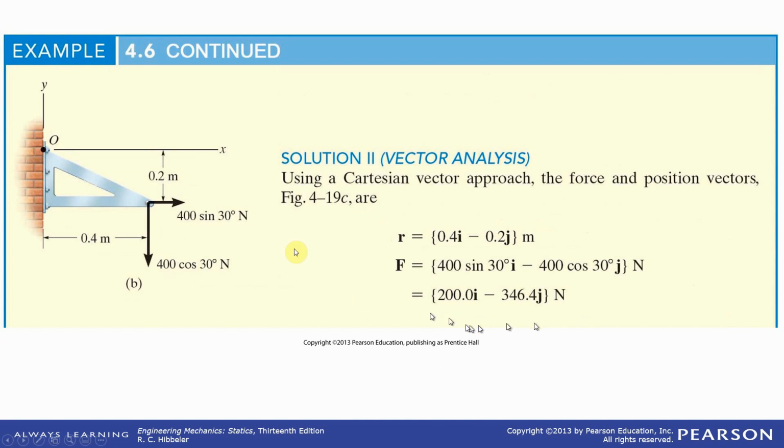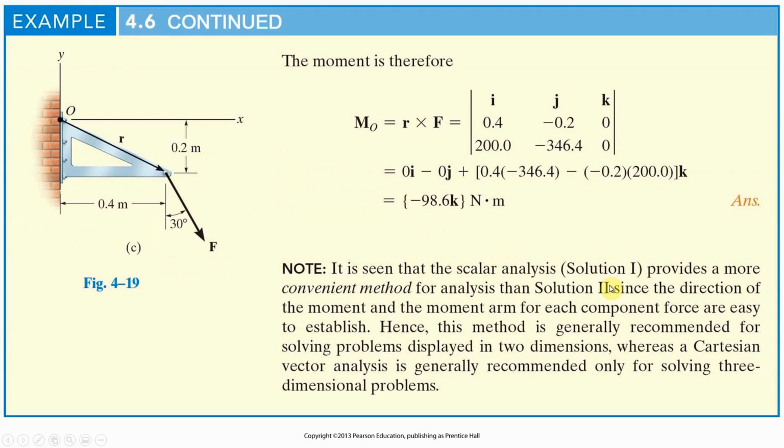Now this is actually calculating the moment separately. 400 sine 30 times 2/10 of a meter in the positive. 400 cosine 30 times 4/10 negative. Negative 98.6. This is the sum of the forces. Now you could always just separate.